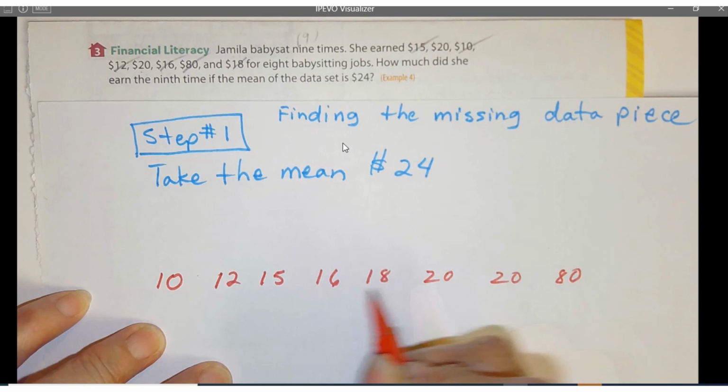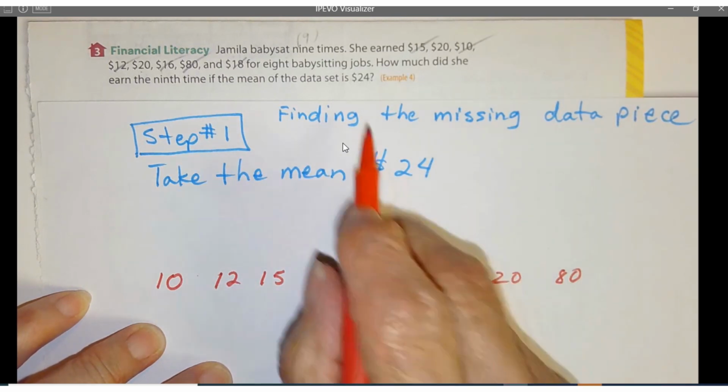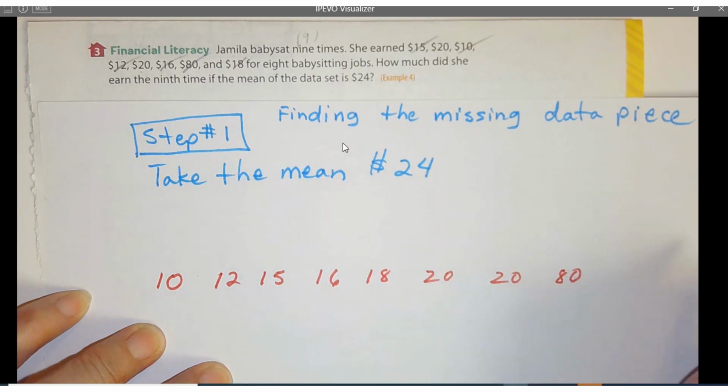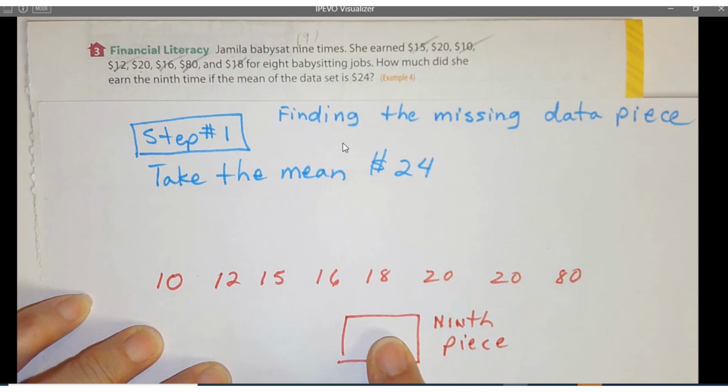But because we're looking for a 9th one somewhere here, let's just say it's got to be an average because it says the average is 24. So we're looking for the 9th one. We'll put here, 9th piece of data missing. We have 8 plus 1 is 9.